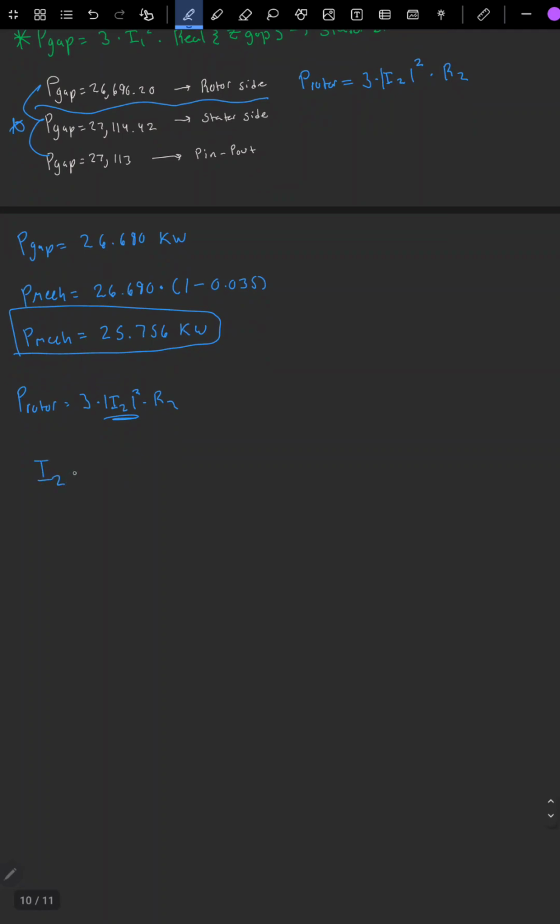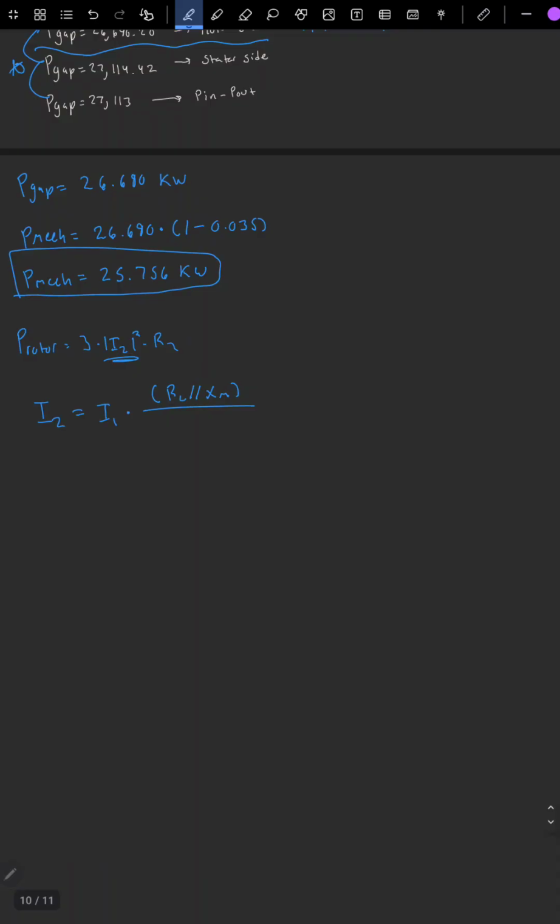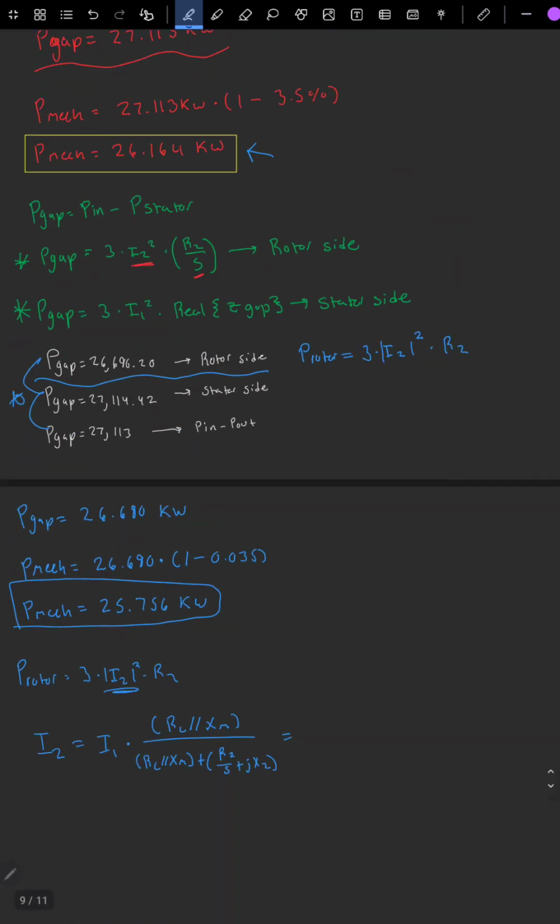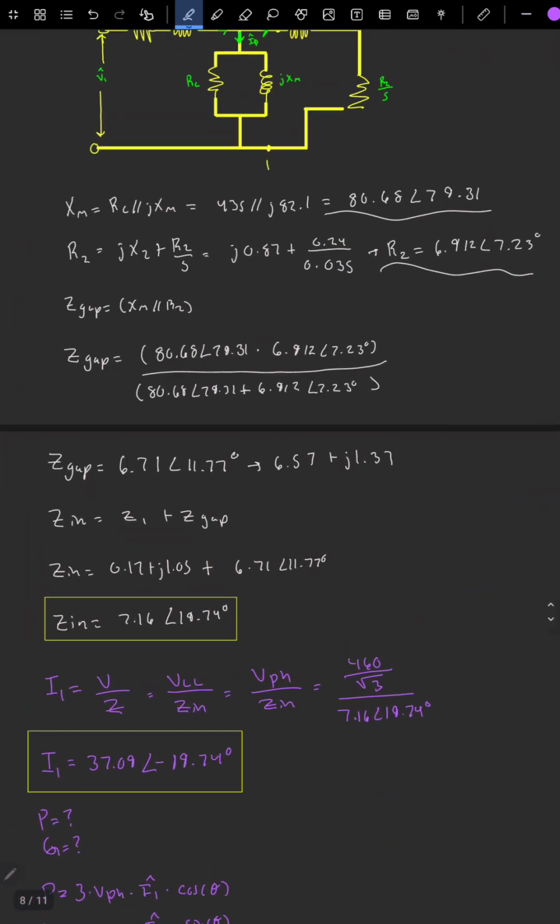So using basic circuit laws, we could find I2 by taking I1 times RC in parallel with XM, and then RC in parallel with XM plus R2 over S plus JX2, which is basically how we simplified earlier.